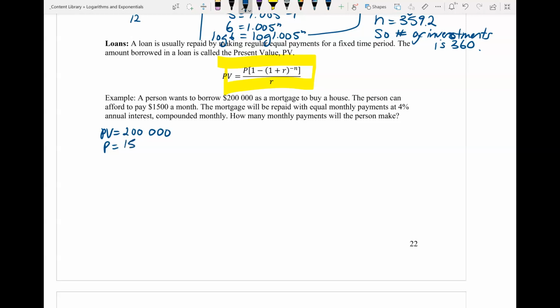This is $1,500. Our R is our rate in decimal, which is 0.04, divided by our compounding period, and it says compounded monthly, so that's 12 payments in 1 year. And then we are looking for the number of investments being made, which is N.